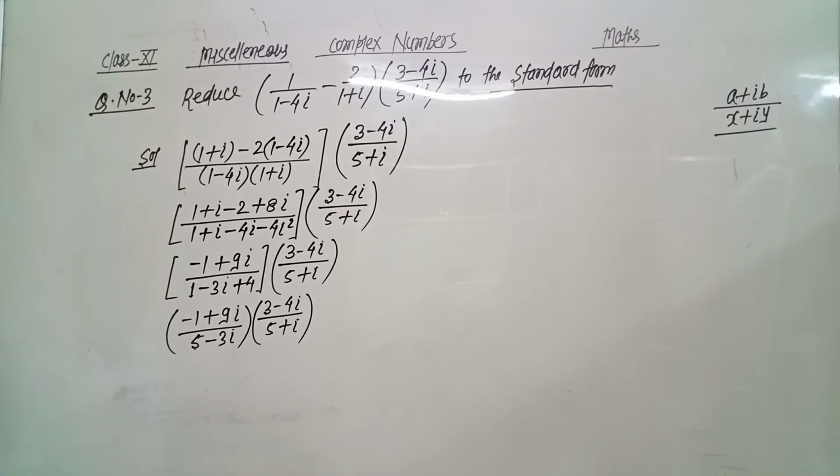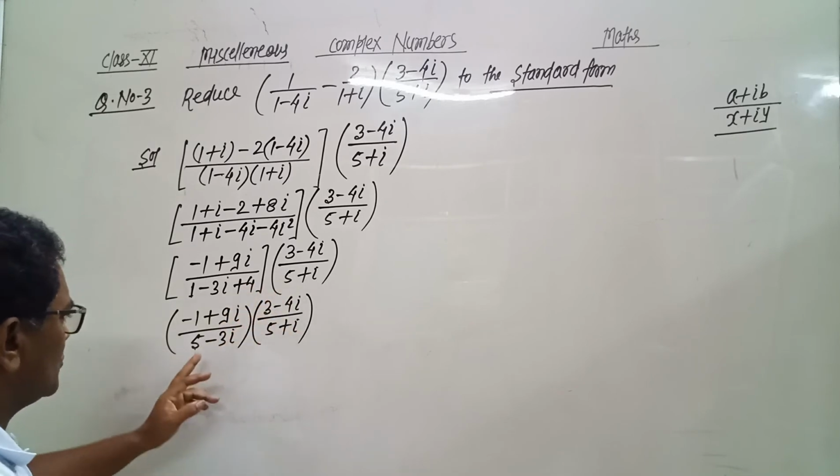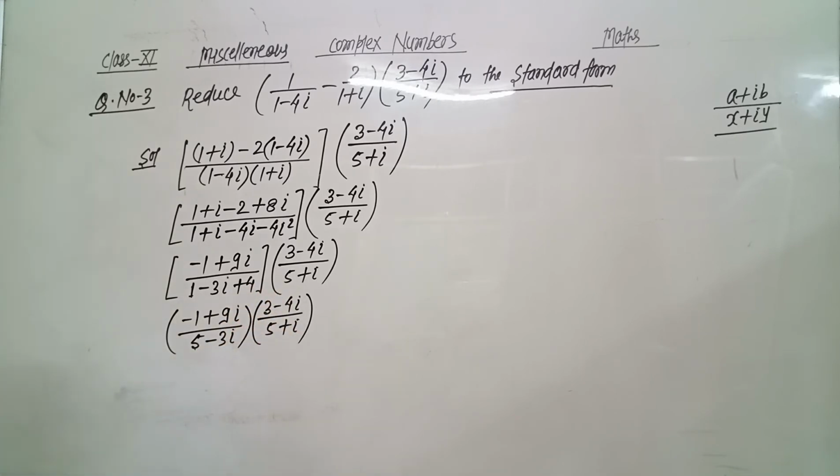Then we remove the bracket by multiplying the corresponding terms of the numerator and the corresponding terms of the denominator.